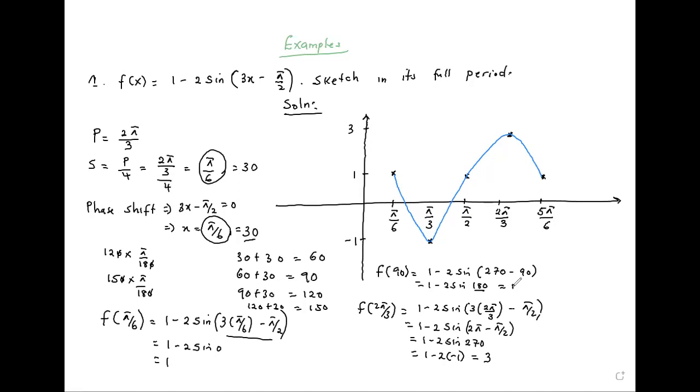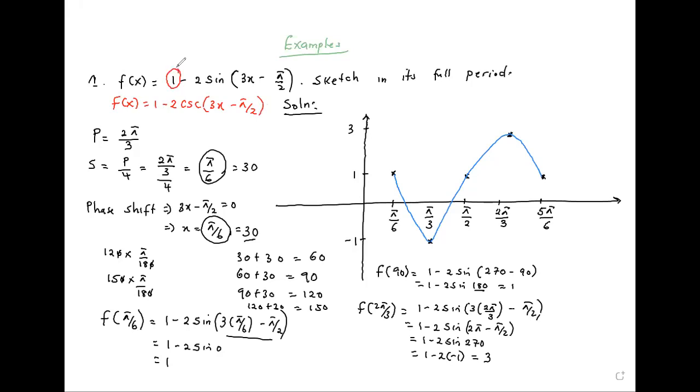If on this same graph we wanted to sketch cosec, so these are related. On the same graph, if the question was f of x is equal to 1 minus 2 cosec (3x minus pi over 2), what do you do? You go to the number standing alone here.